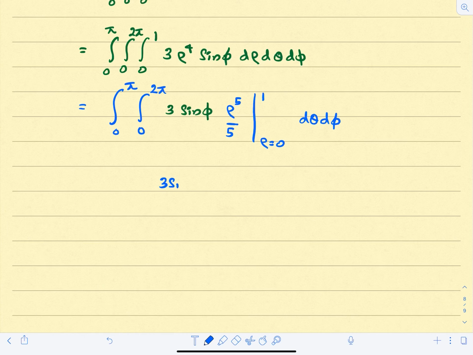And so simply this equals 3 sine phi times 1/5, because the lower limit will give you 0, d theta d phi.